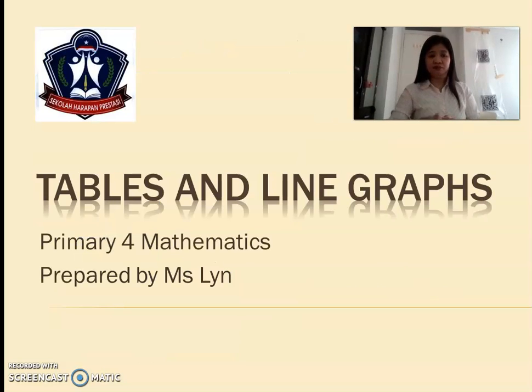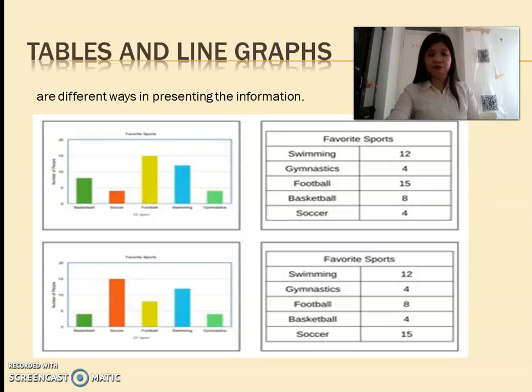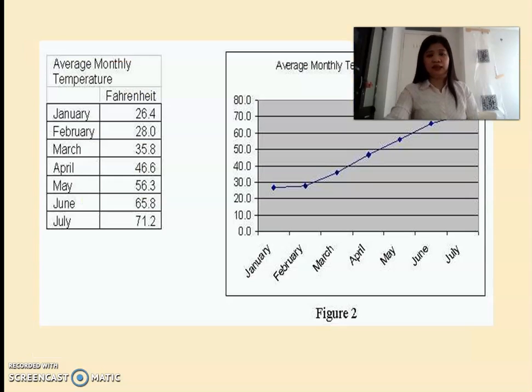Let's continue with tables and line graphs. These are different ways of presenting information. On your screen, you will see the example table, the bar graph, and also the line graph.